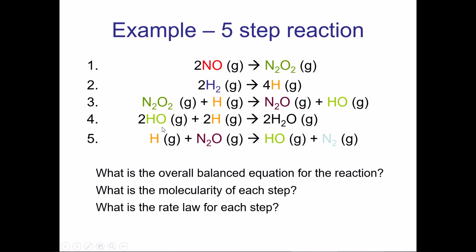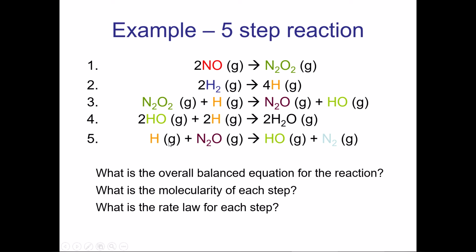I only need 1 HO and 1 H to collide to make a water molecule. So this is a case where my coefficients can be simplified. Instead of 2, 2, and 2, this would be 1, 1, and 1. So I would need 1 HO molecule and 1 H molecule. So step 4 is really bimolecular. My rate law would be rate is equal to k times HO times H.